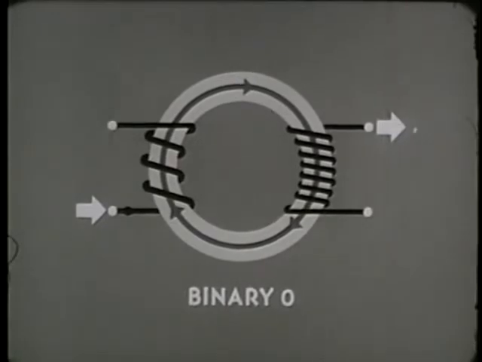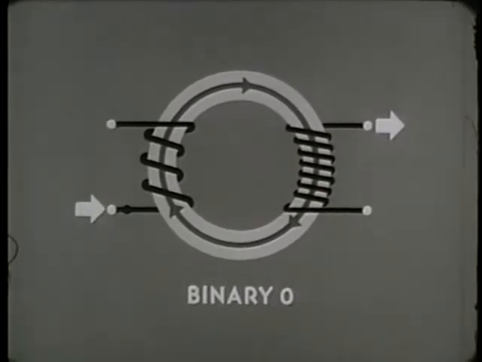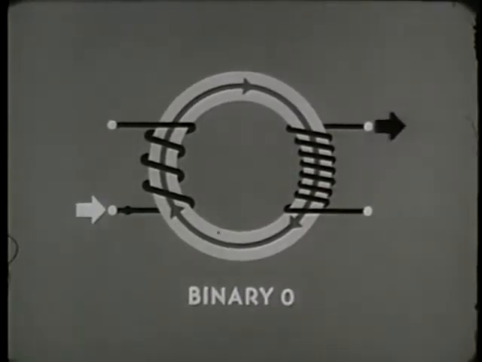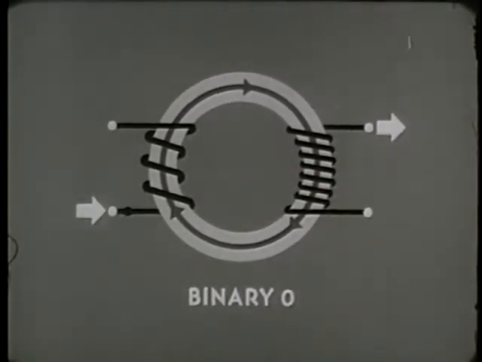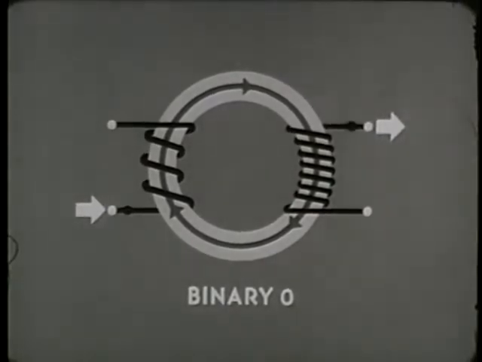The way these two conductors are wound, a pulse of current sent into the bottom of the input winding results in a pulse of current going out of the top of the output winding. We used a dot to keep track of the polarity of the input winding, and a similar dot will establish the polarity of the output winding.